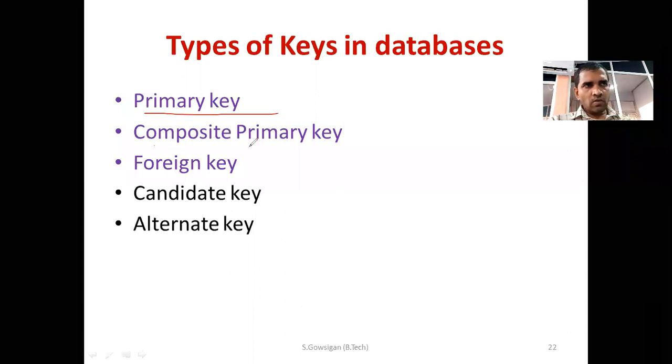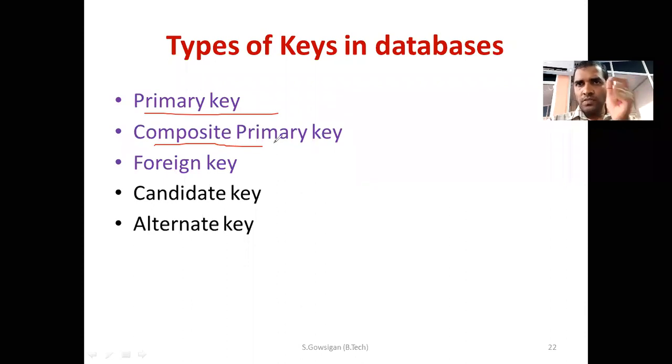There is another one called composite primary key. Everything is a field. In your mind, you must remember that. Even though I name it primary key or composite primary key or whatever, everything is a field. But we can't call all the fields a primary key, and we can't call every field a composite primary key.